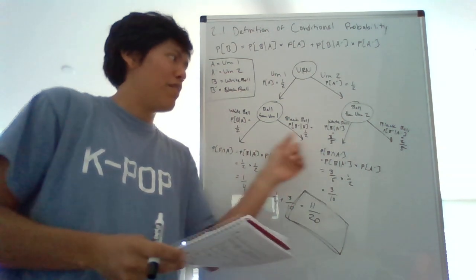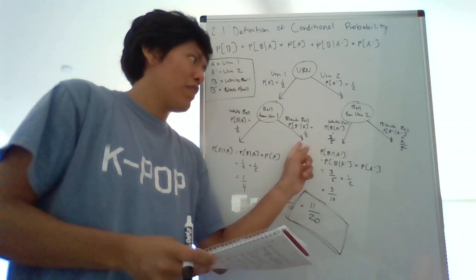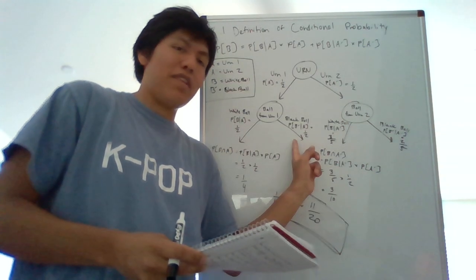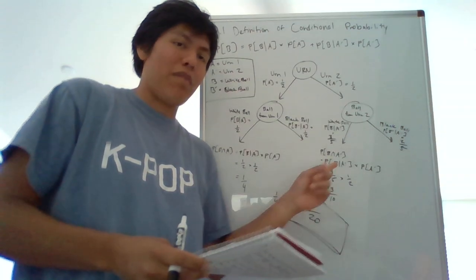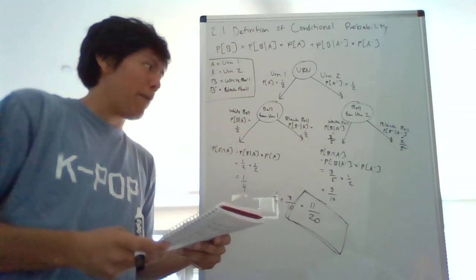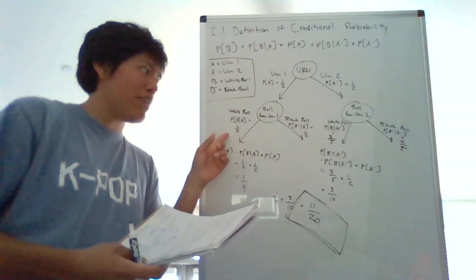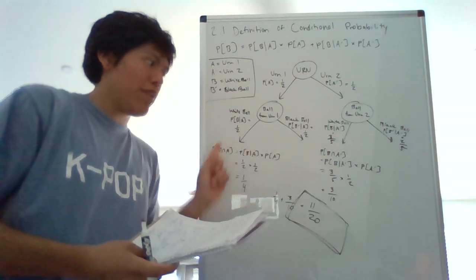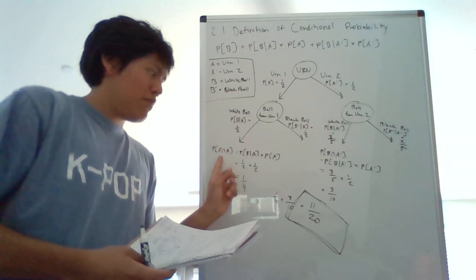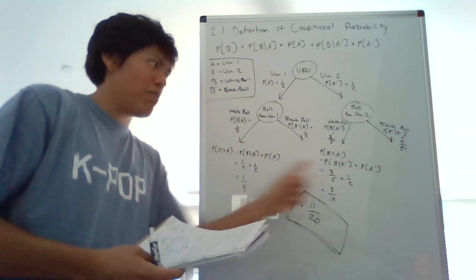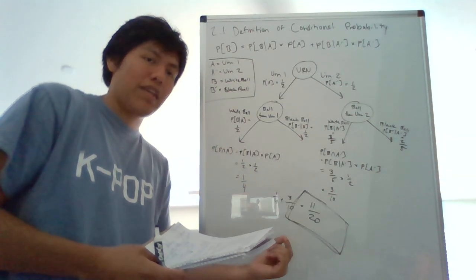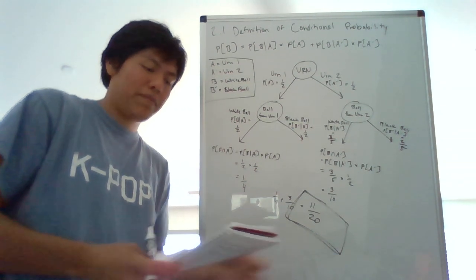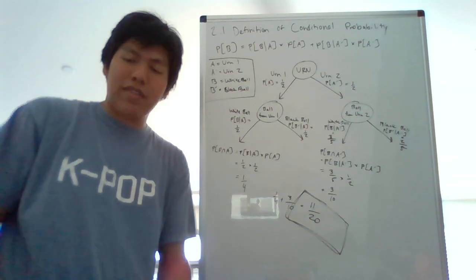And we didn't end up using these over here, but it's still good to see where each probability came from and how much that probability is. But at the end, we only needed the scenarios where we chose a white ball from either urn, and then we find that intersection probability, and then we add it together to give us the total probability of us choosing a white ball. And that's it for this section.